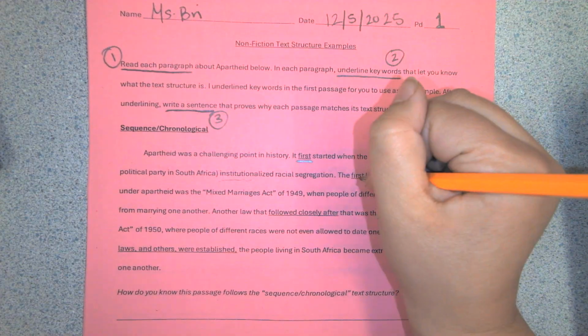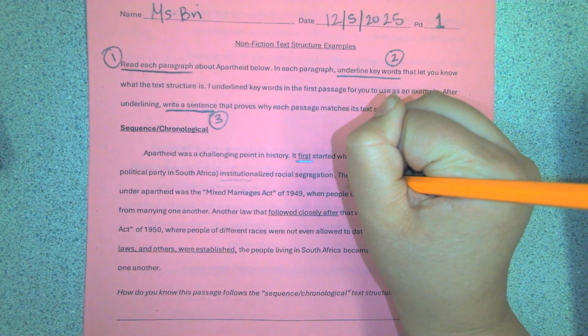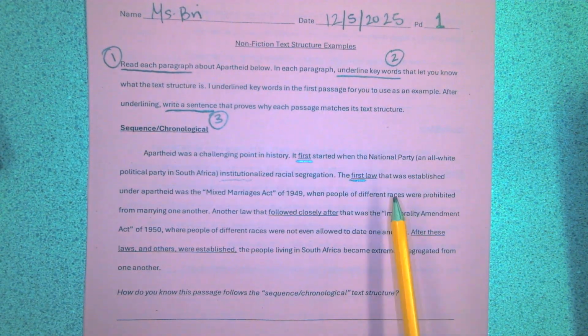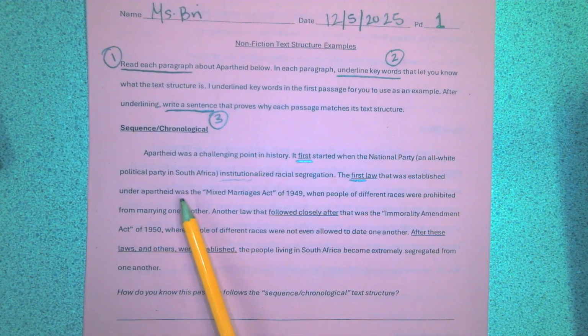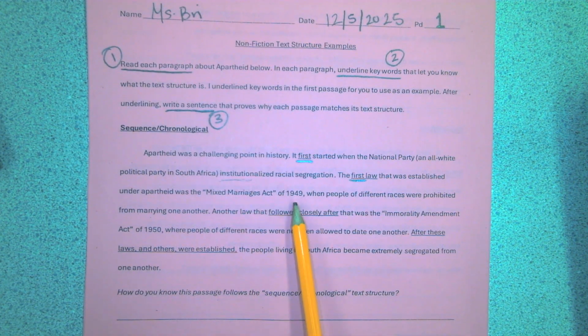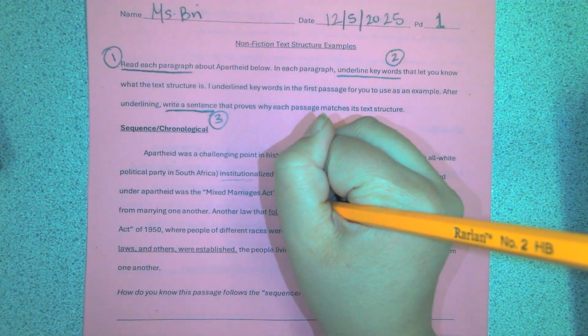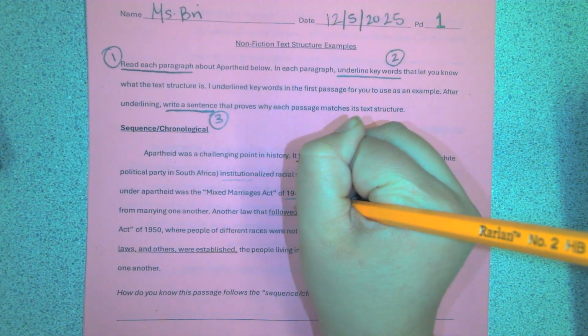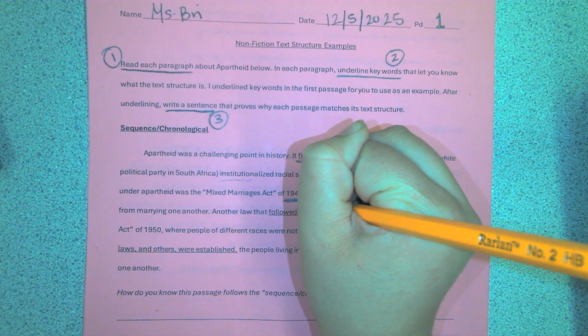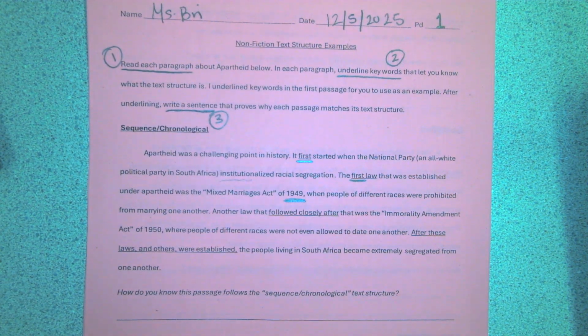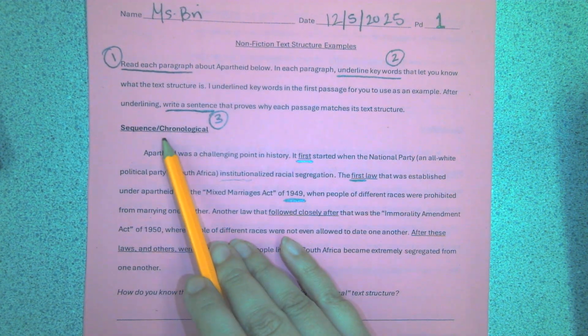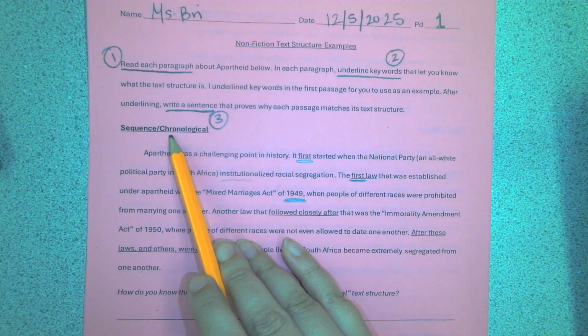The first law, I might just underline the word first, that was established under apartheid was the Mixed Marriages Act of 1949. That's a date. It wasn't included in my notes, but anytime a date is listed, that lets me know this is probably something that's happening in chronological order.